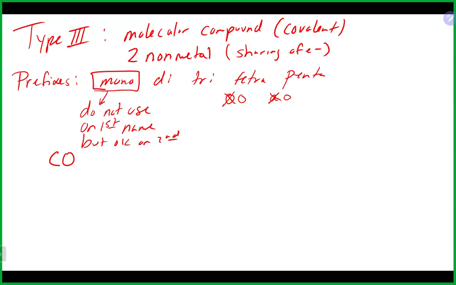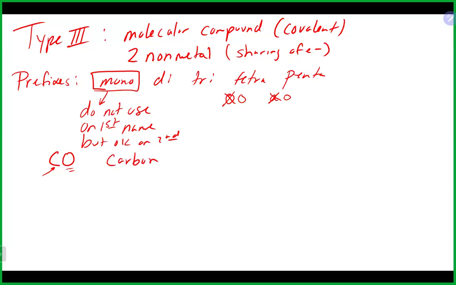We have carbon, which is a nonmetal, and oxygen, which is a nonmetal. So once again, this is going to be a type 3. We have only one carbon, and the prefix for one is mono. Here we would not use it on the first name. How we usually name the first element is to use the whole name with the appropriate prefix. In this case, we don't use the prefix, so this would be carbon.